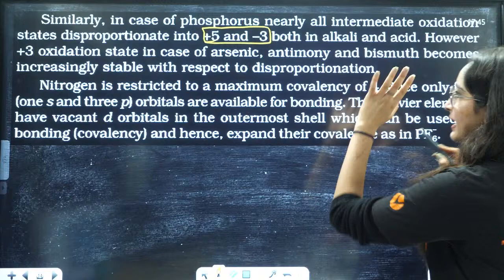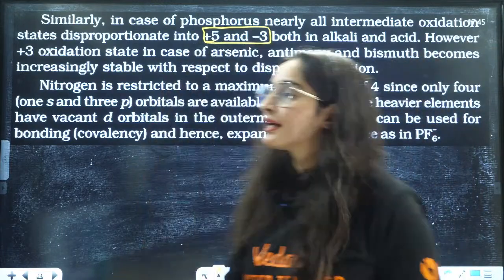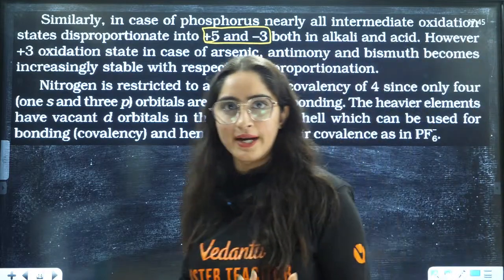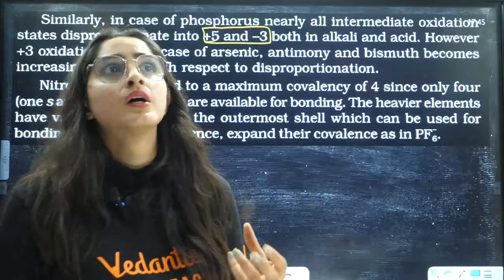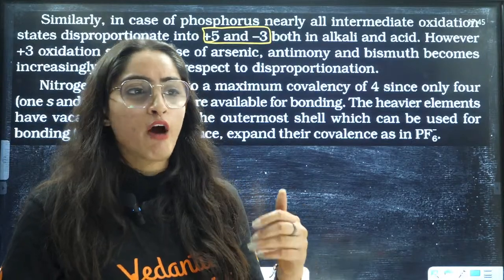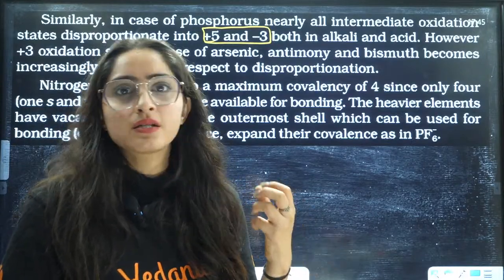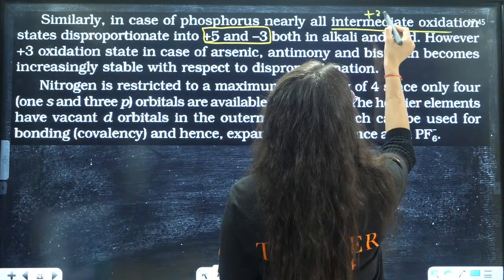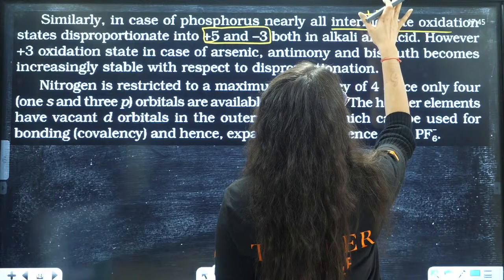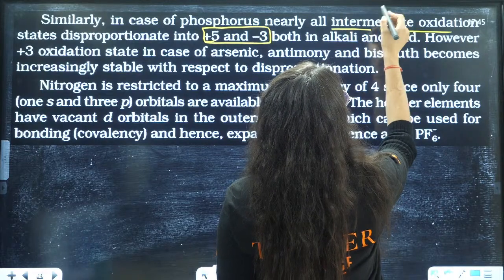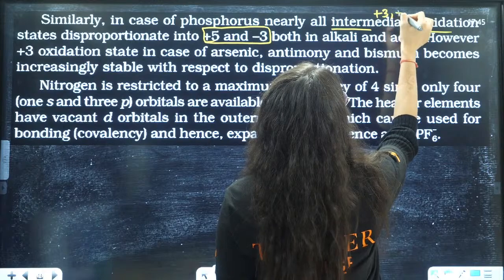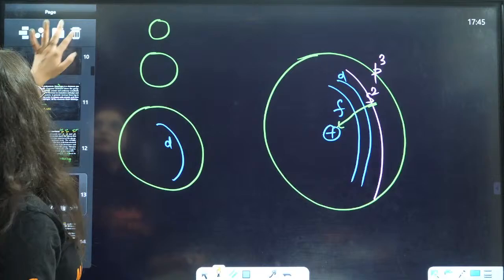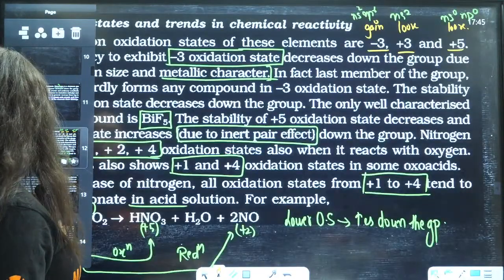both in alkali and acidic medium, right? That means they are saying that in the case of phosphorus also, if you have intermediate states like +2, +3, +4, they will not exist. I'll write the intermediate states here. Phosphorus will exist in which oxidation state? +1 also, right?